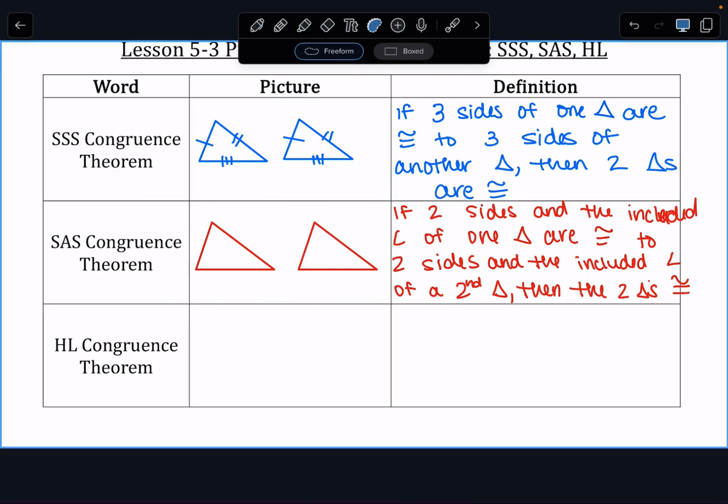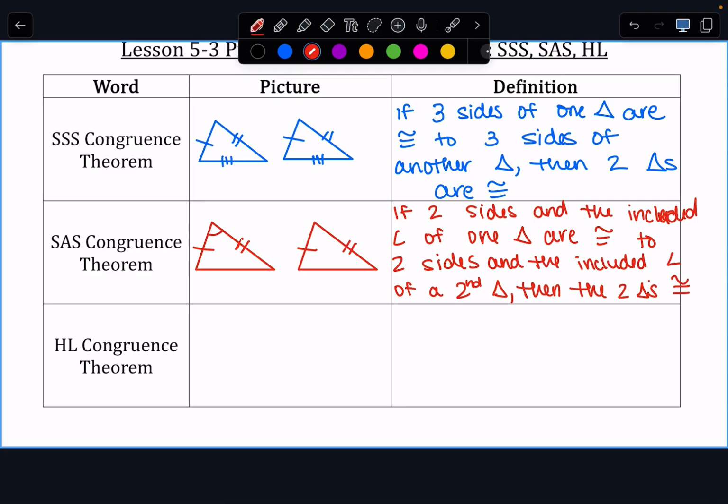I'm ignoring it. Okay, so here's the deal. I have 2 sides congruent to 2 sides. Go ahead and mark that. The included angle, which would be which one?